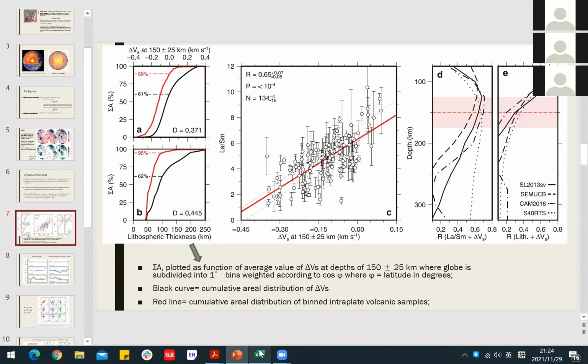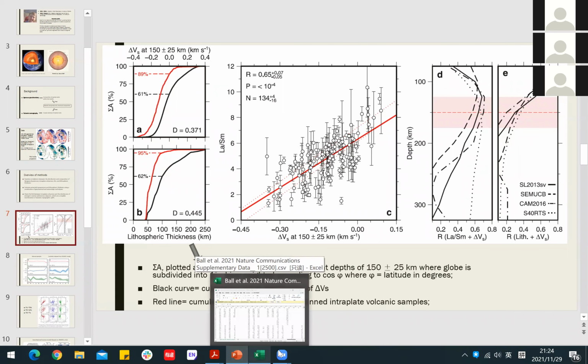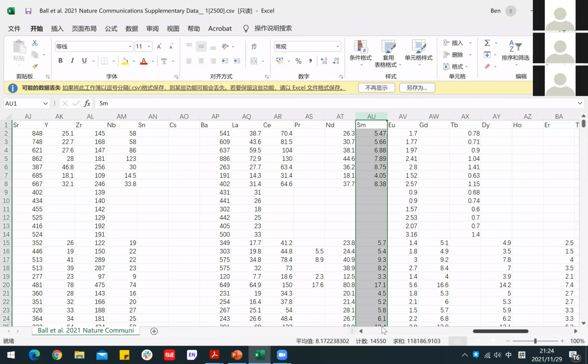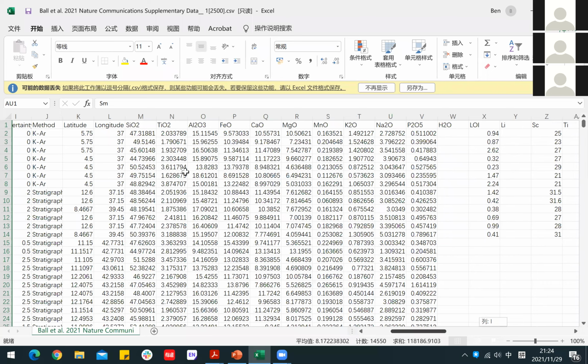Okay. How about in your database? You have a much larger database, right? This is from GeoRoc, but yes, for GeoRoc you collected a lot more data from the literature. The rock data is larger than the mineral data. I think it's bulk rock.